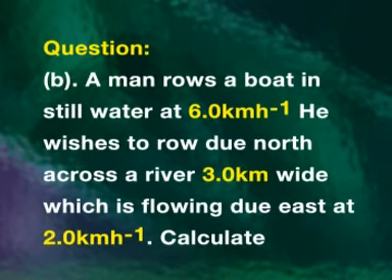B. A man rows a boat in still water at 6.0 kilometers per hour. He wishes to row due north across a river 3.0 kilometers wide, which is flowing due east at 2.0 kilometers per hour.